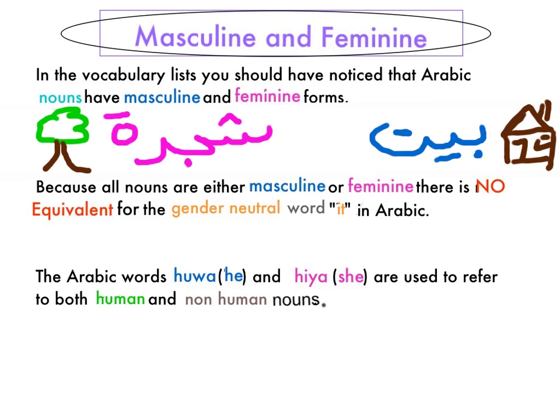Therefore, the Arabic words huwa, which means he, and hiya, she, are used to refer to both human and non-human nouns.